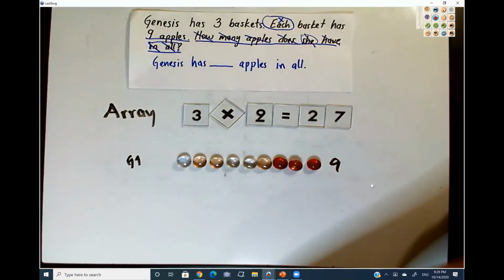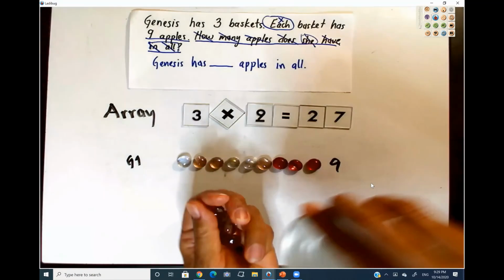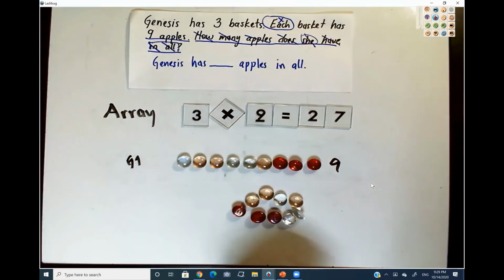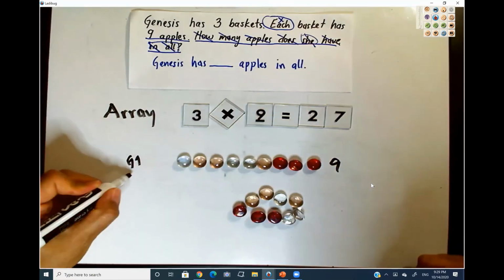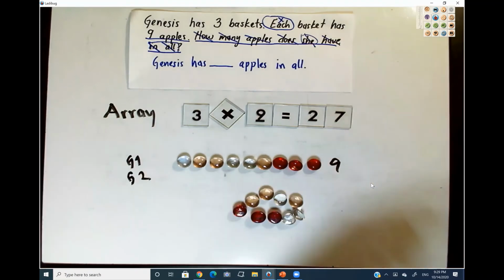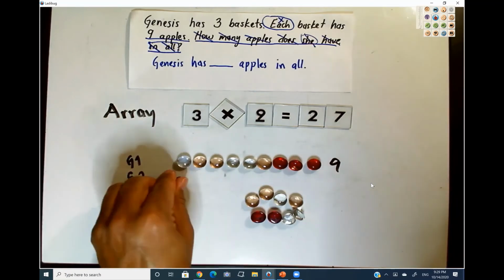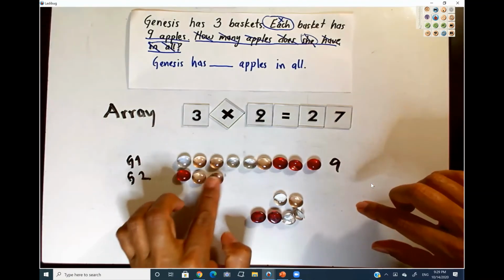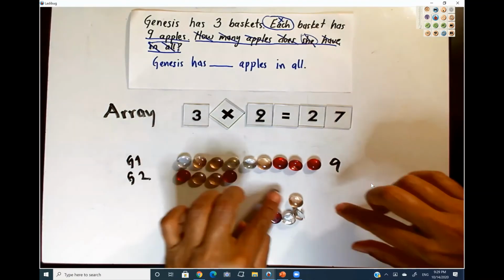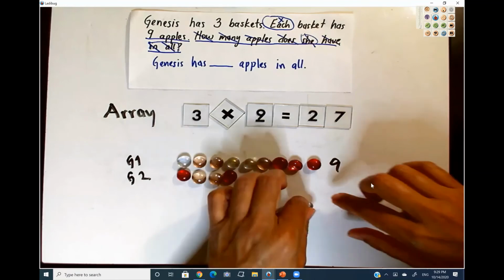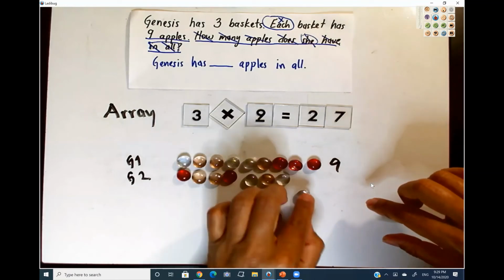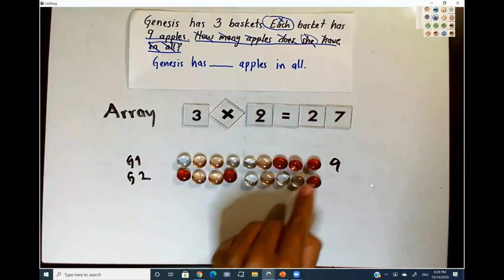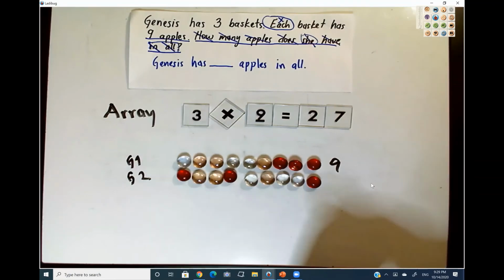Then I'm going to go with the second basket, or group number 2. So I'm going to write here group 2. And then I'm going to align them and make sure I have 9 too. 4, 5, 6, 7, 8, and 9. So if I have 9 here plus 9 here, now I have 18.